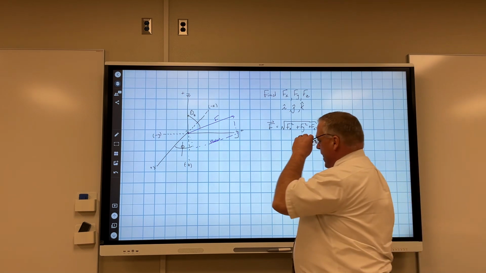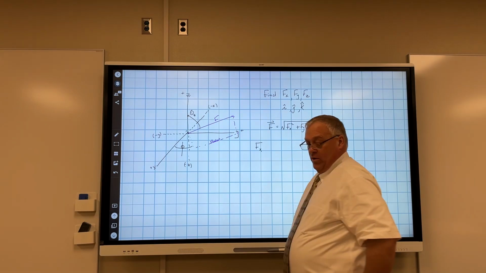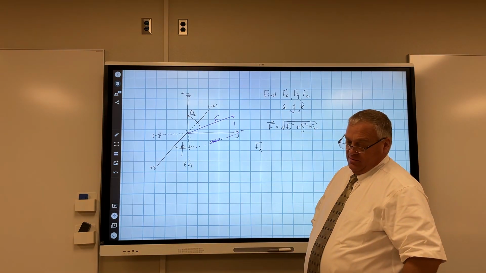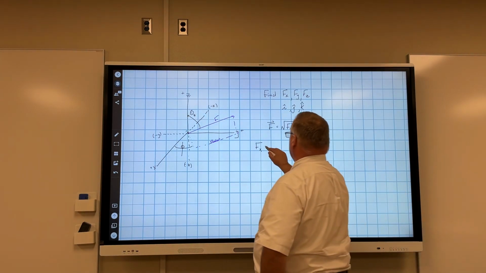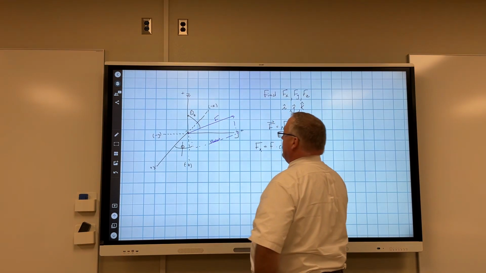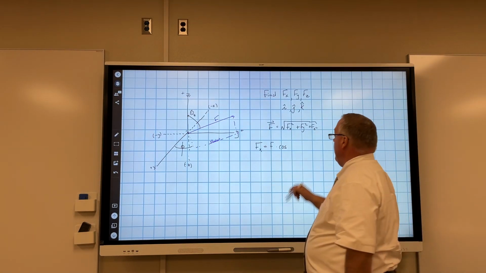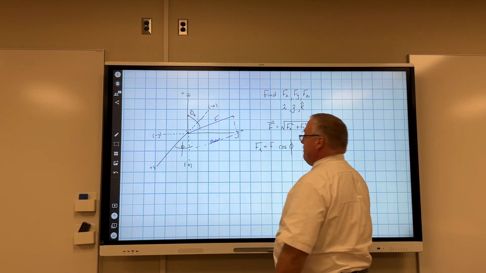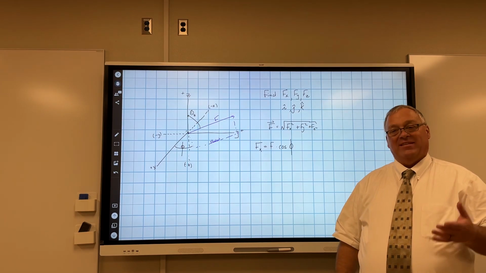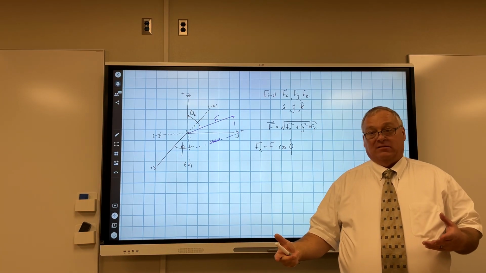So if we look at Fx, what is the x component equal to? It's equal to F times the cosine of what angle? Phi. Why is it that angle phi? Because that's the angle with respect to the x-axis.